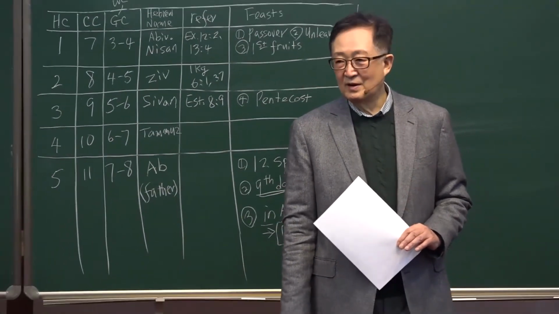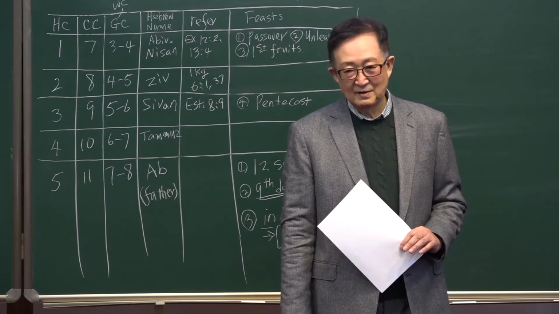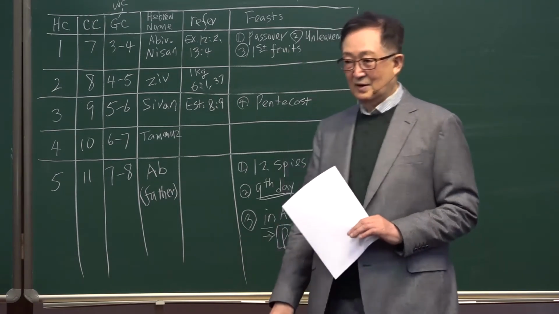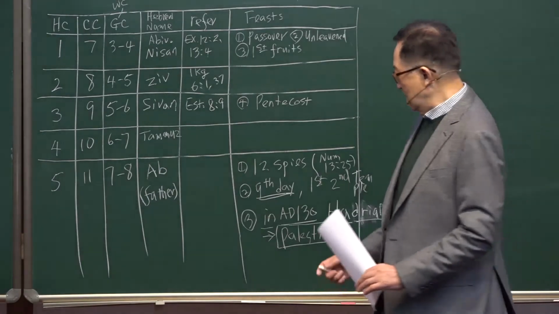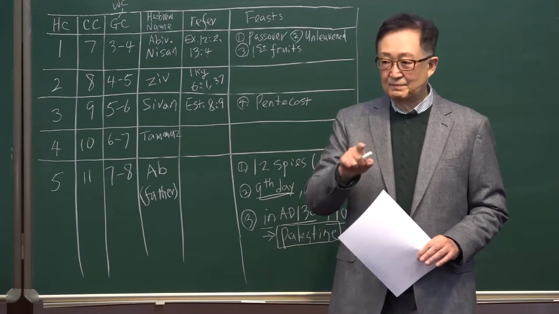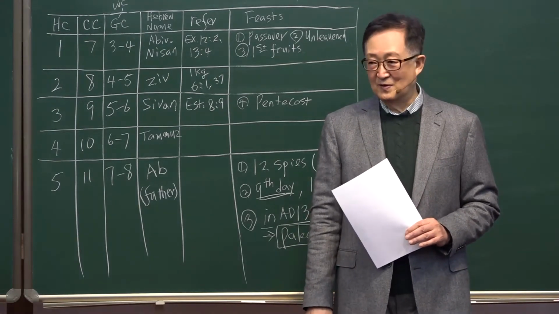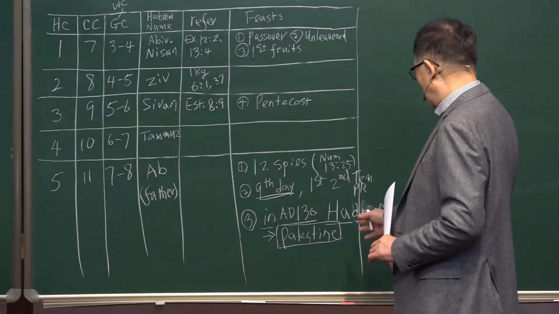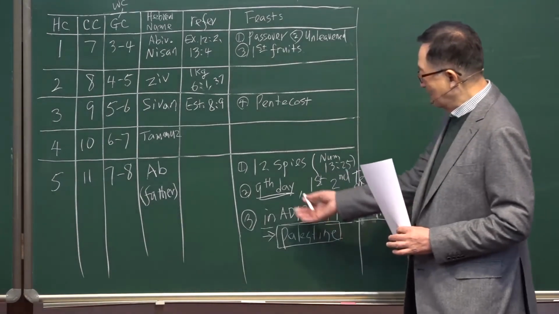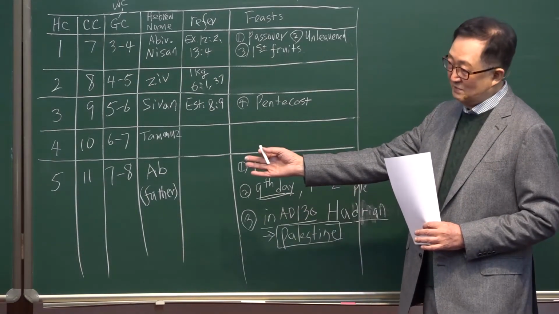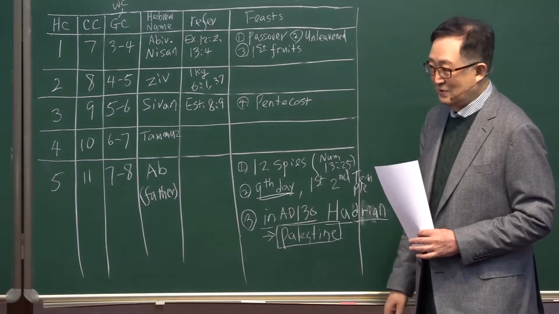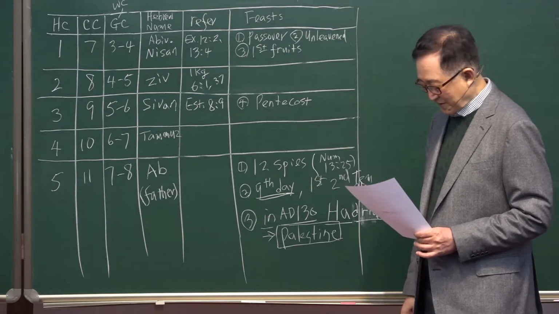Since that time, up until 1948, the year of the rebuilding of the nation of Israel, nearly 2,000 years, that particular land was called the Land of Palestine. Because of who? Because of Hadrian. That happened in the month of Av. So the month of Av is a very sad month for Hebrew people, historically.